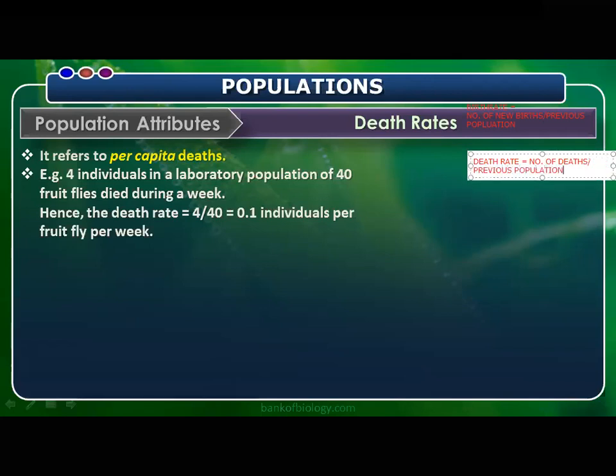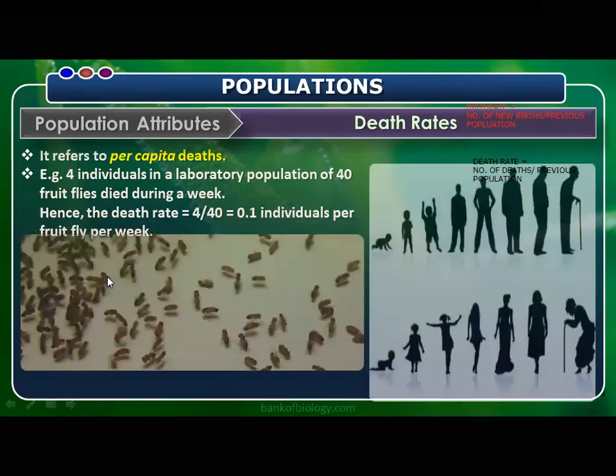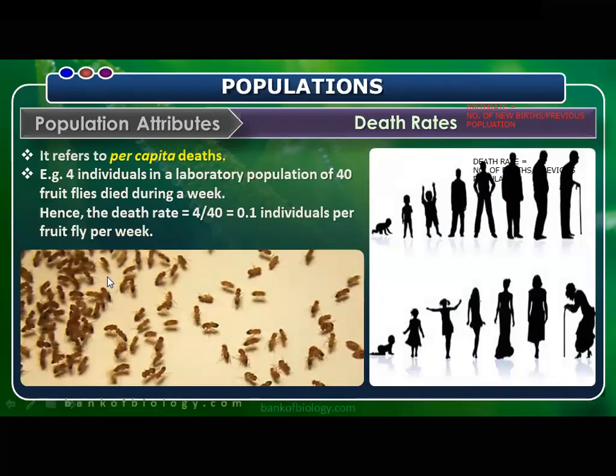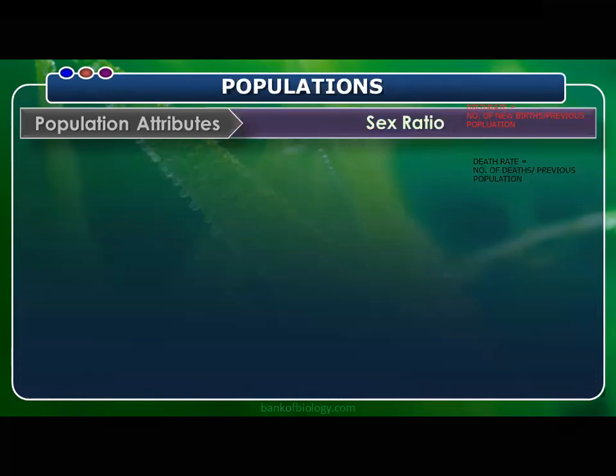So death rate is number of deaths by previous population. So the death rate here is 0.1 individuals per fruit fly per week. You should write the calculations and work them out.